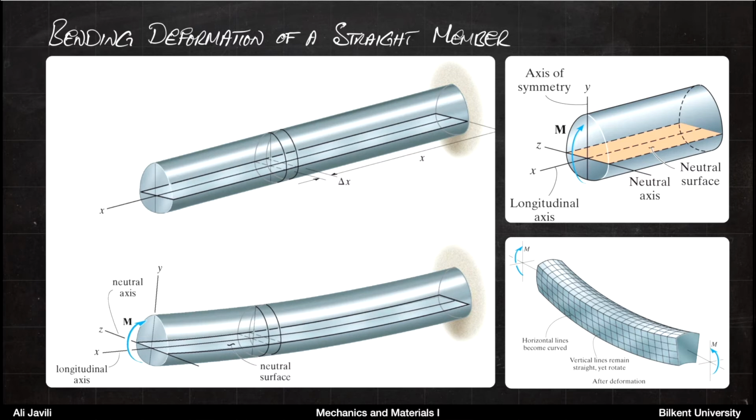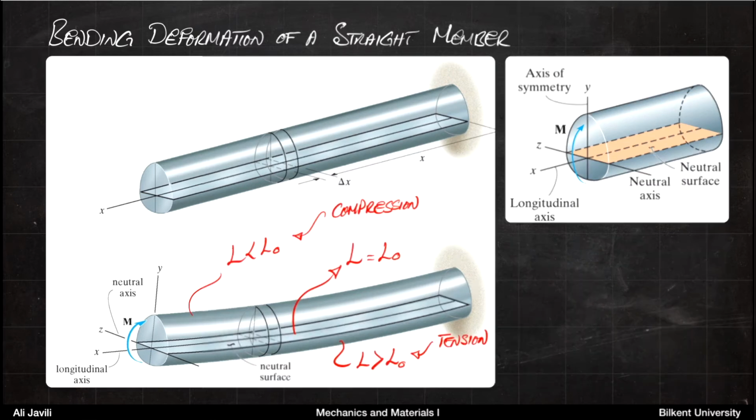So again, this picture shows the bending deformation of the straight member that we talked about. Before the deformation, you see that the member is, let's say, straight. And after deformation, when you apply the moment M, it's going to bend. Now, when the beam bends, what happens is that on the upper surface, you would have a compression.